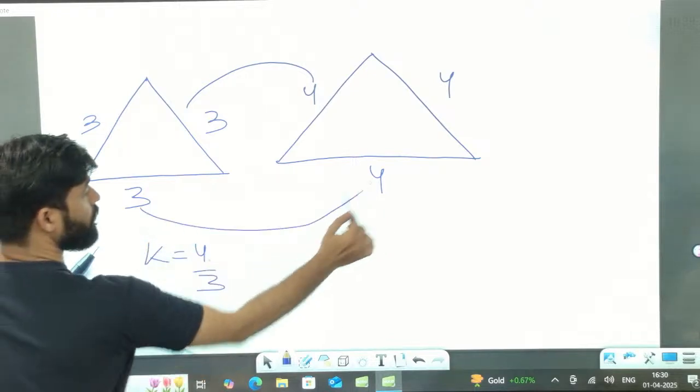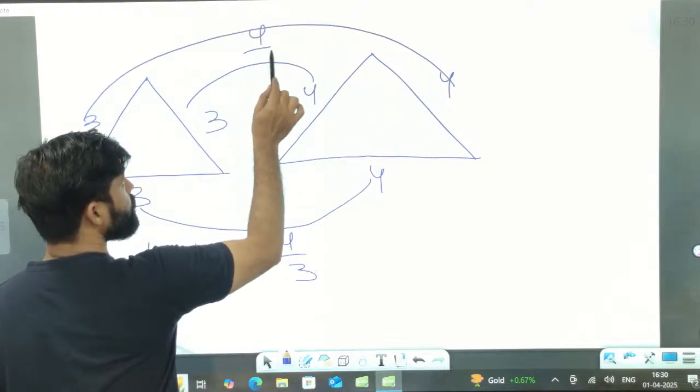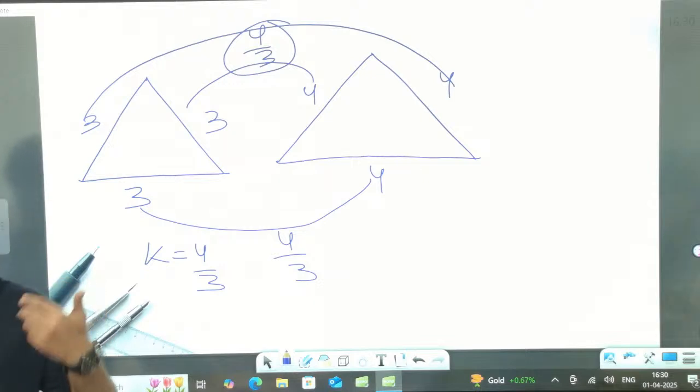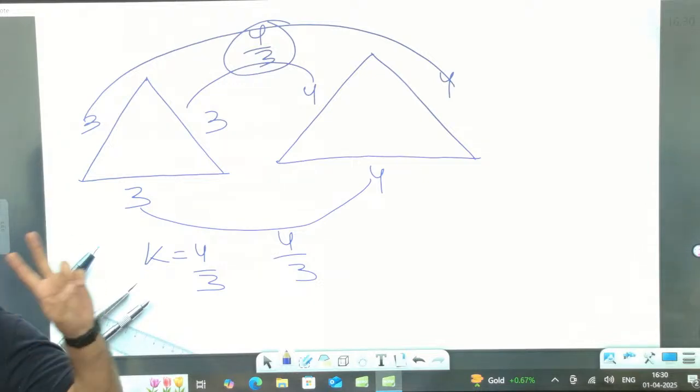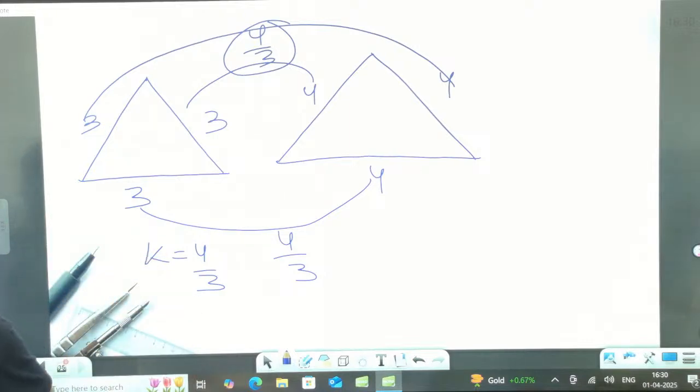For this it is also 4 by 3, and for this it is also 4 by 3. So we are getting K factor as same. So take any value, but two equilateral triangles will always be similar. Got it now? Any problem? No? Okay.